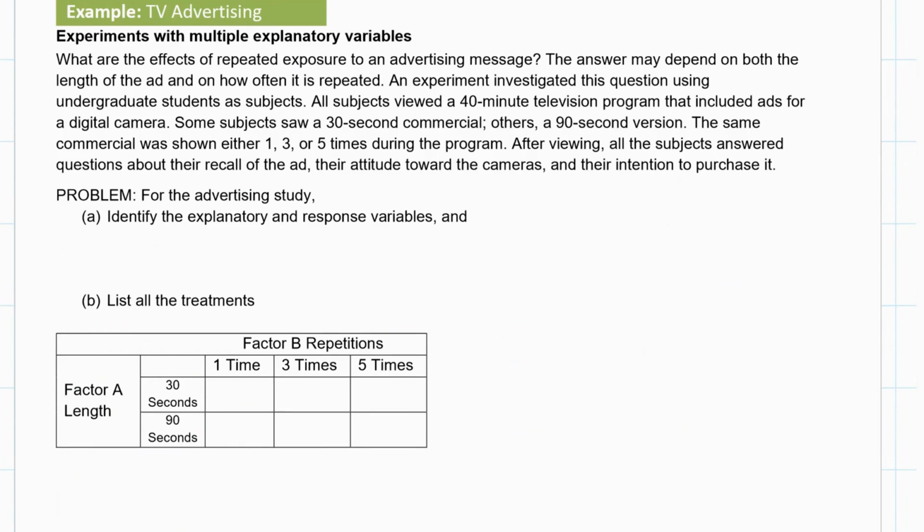The same commercial was shown either one, three, or five times during the program. After viewing, all the subjects answered questions about their recall of the ad, their attitude toward the camera, and their intention to purchase it.